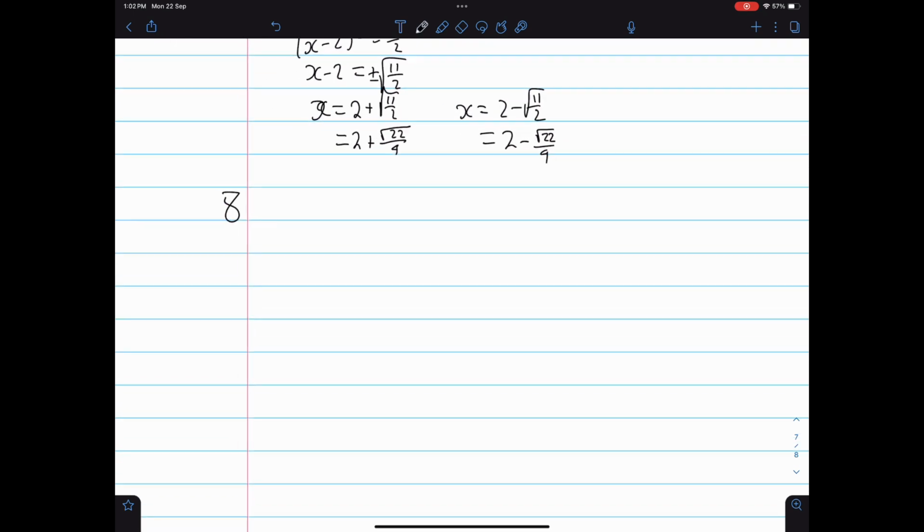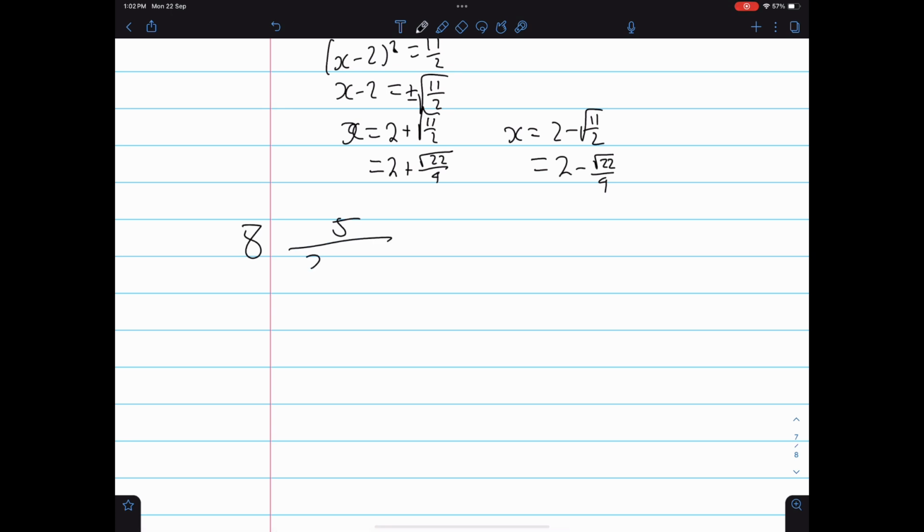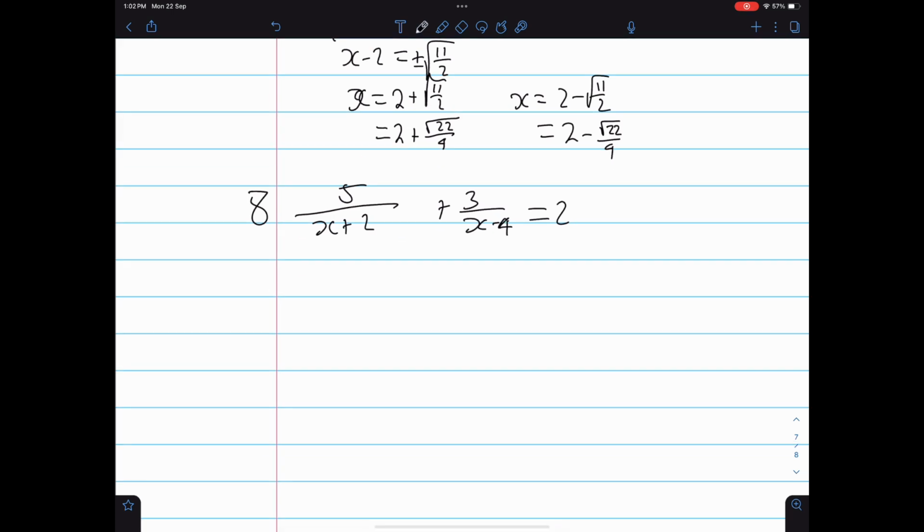Now 8, we have to solve this equation. And like we did previously, we will multiply by those denominators to get a common denominator.